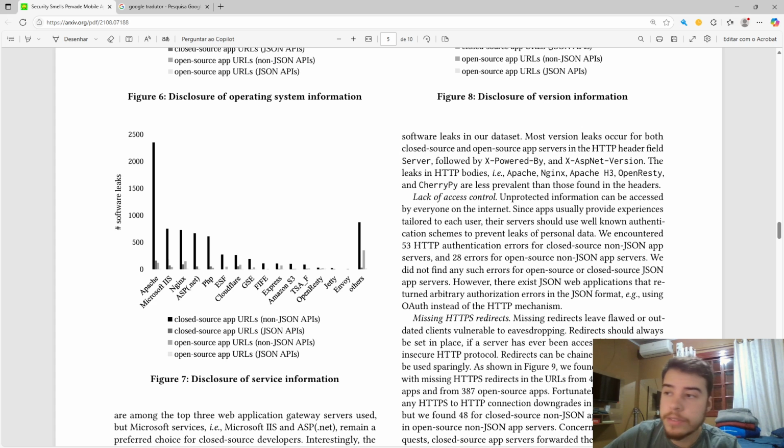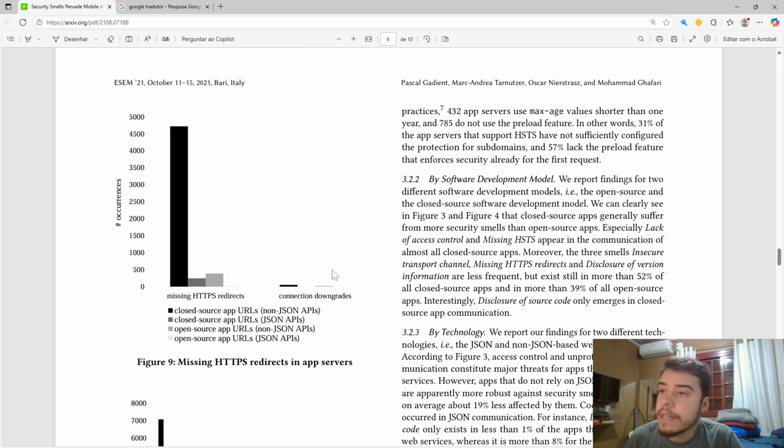Disclosure of service information. Again, the closed source apps' URLs, non-JSON APIs, were more affected, and the most measured used Apache here. Here we can see again that the closed source apps' URLs, non-JSON APIs, were the most affected.